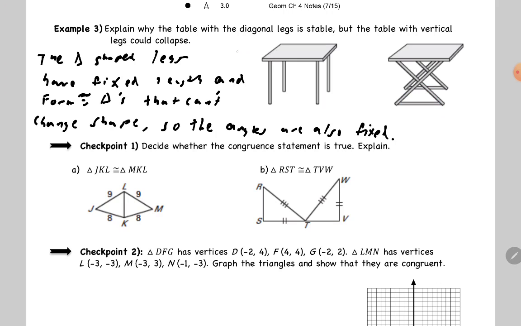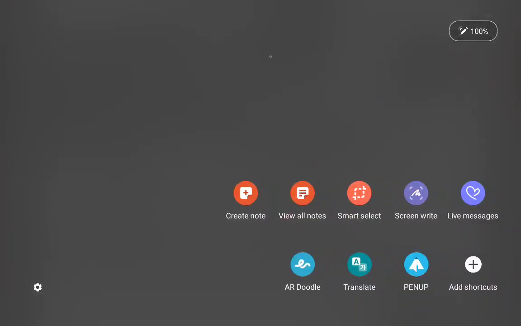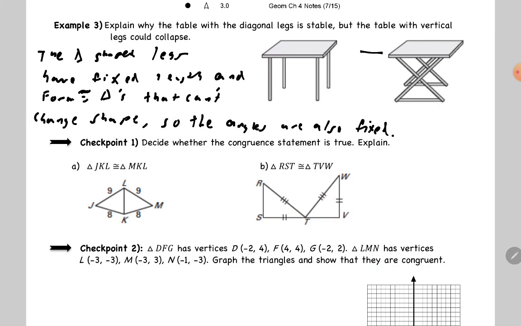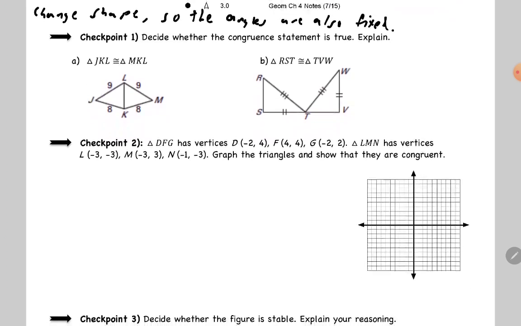So if you push the vertical leg table to the right, these legs could potentially bend and the table can fall over. Versus if you push this table, it'll just slide. You would have to literally flip the table for this to fall. Alright, let's move on from that.